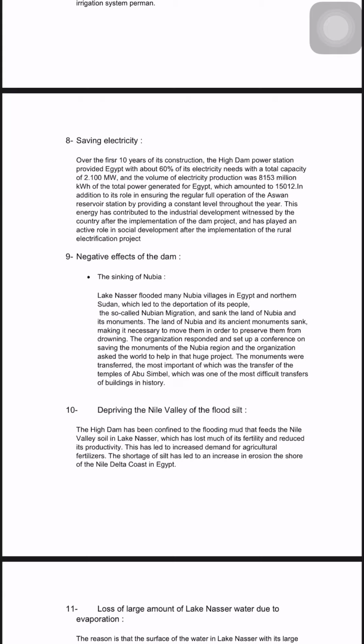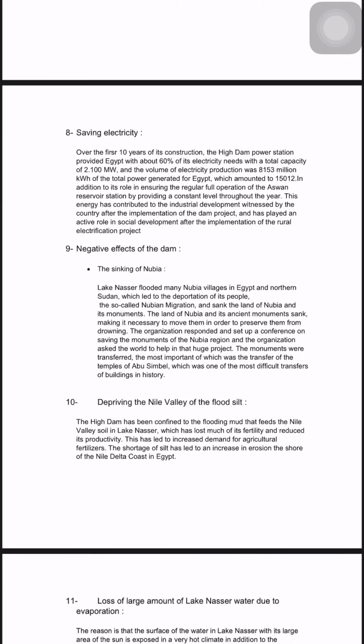The ancient monuments sank, making it necessary to move them in order to preserve them from drowning. UNESCO responded and set up a conference on saving the monuments of the Nubia region, and the organization asked the world to help in that huge project.